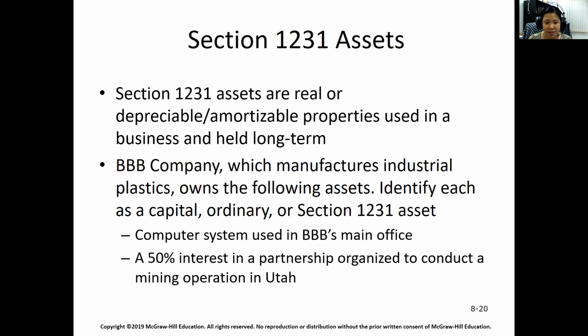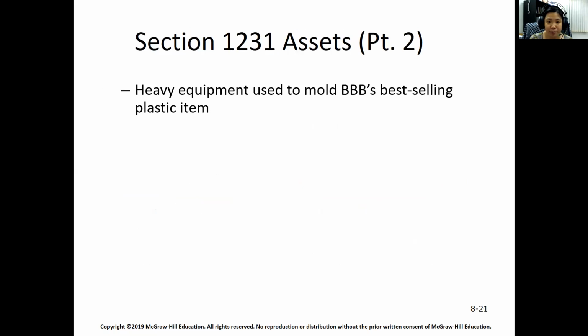Now, what about the 50% interest in a partnership organized to conduct a mining operation in Utah? In this case, this will be a capital asset. How about heavy equipment used to mold BBB's best-selling plastic item? This heavy equipment is a depreciable property and is used in the business, so it should be a section 1231 asset.